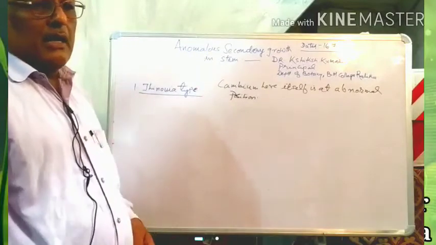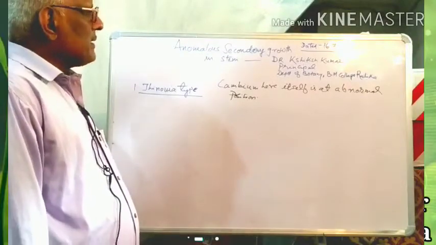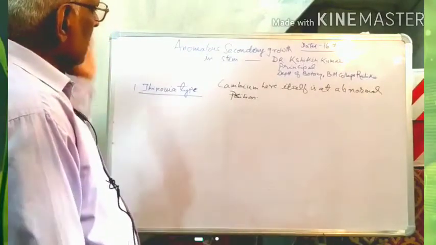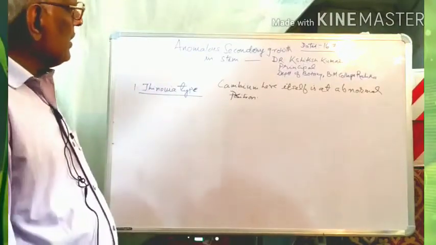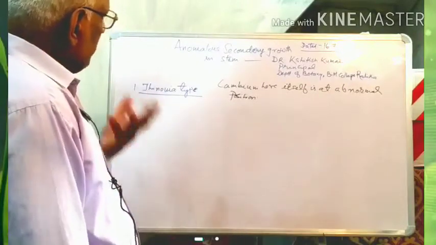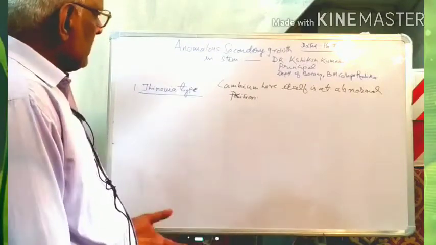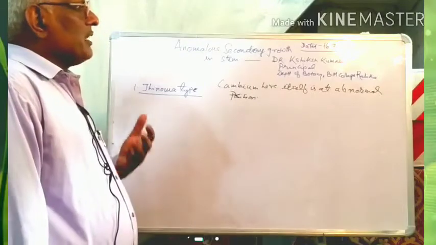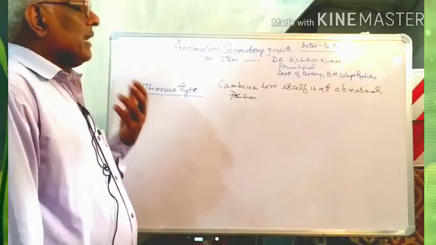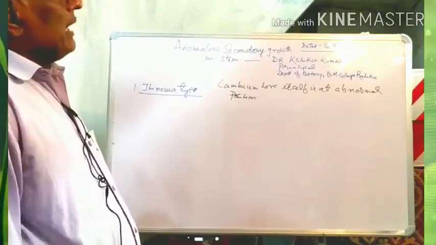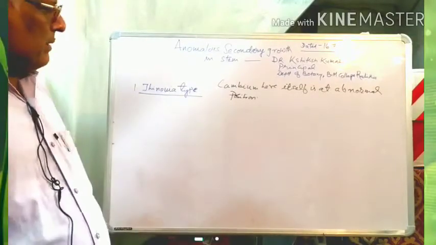These all are under the heading adaptive. Adaptive type of anomalous secondary growth means, as I told you in the previous class, that this type of growth occurs due to physiological or mechanical changes. For the change of environmental, climatic, physiological and mechanical conditions, this adaptive change occurs because the plant adapts to the new environment.